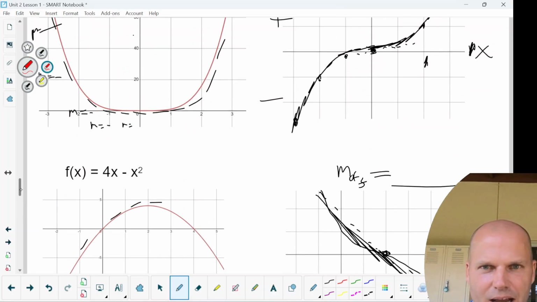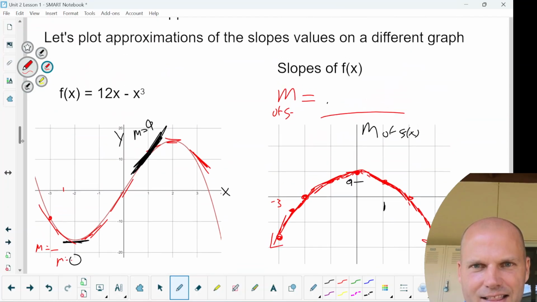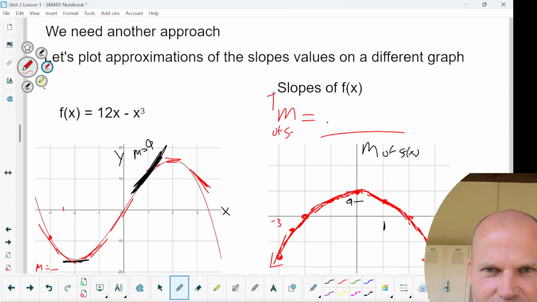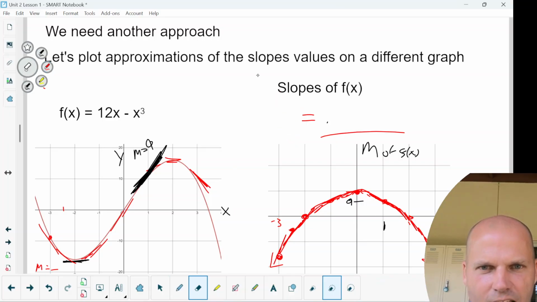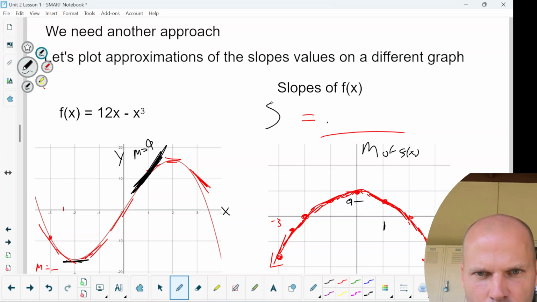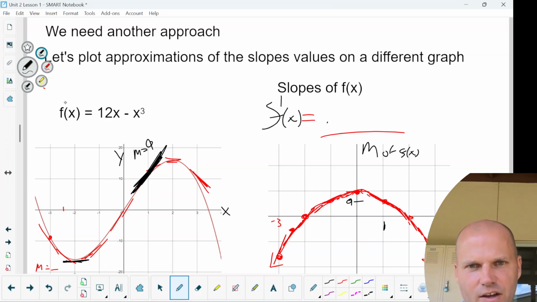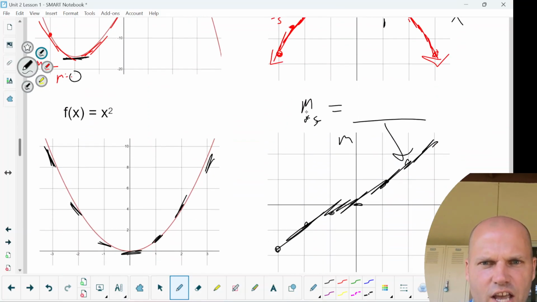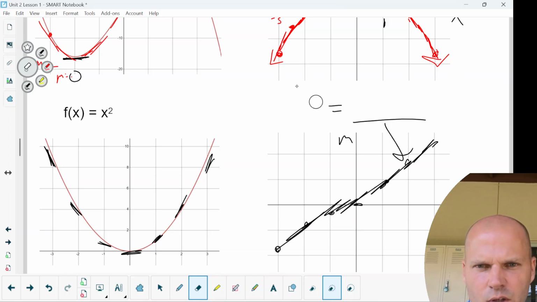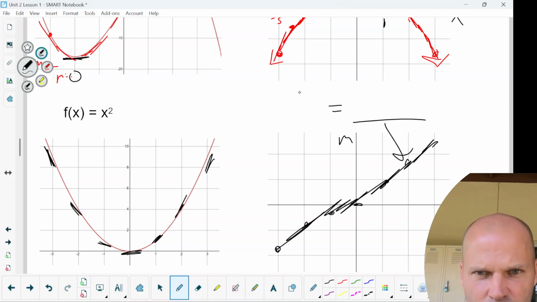So we're going to actually come back up here and say not the slopes of f, not the instantaneous rates of change of f. Rather, we're going to say, hey, what is f prime at an x value? What is f's slopes at an x value? So maybe we say the instantaneous rate of change of f.